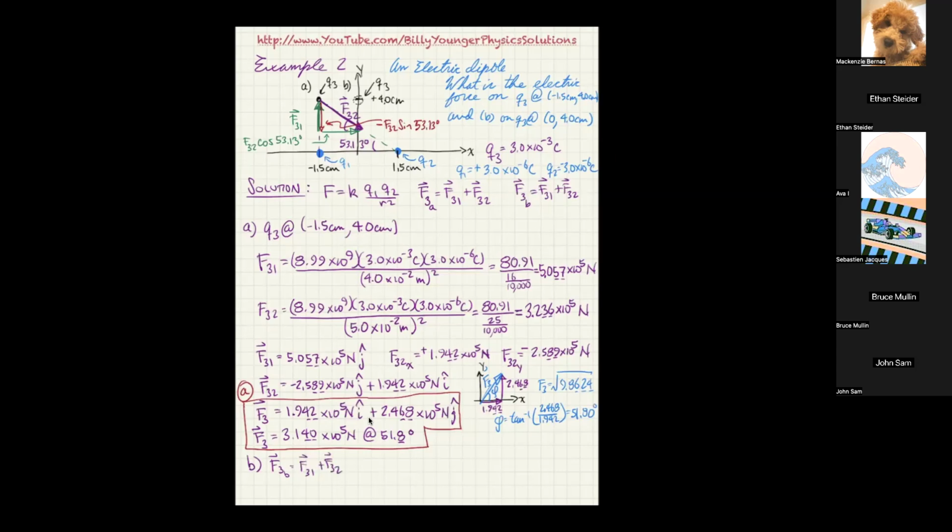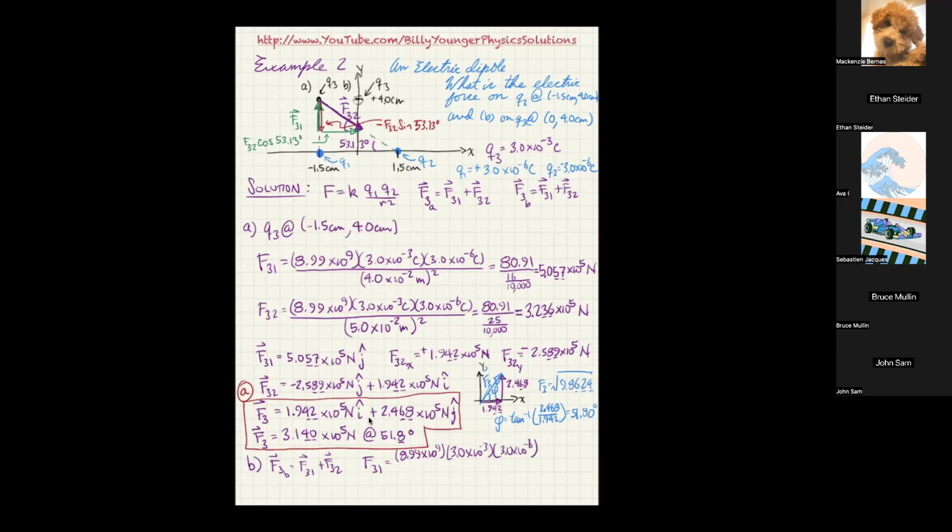Okay, so I'm going to go ahead and calculate F31. That's going to be 8.99 times 10 to the 9th. And then, of course, that's going to be times 3.0 times 10 to the negative 3 and times 3.0 times 10 to the negative 6.